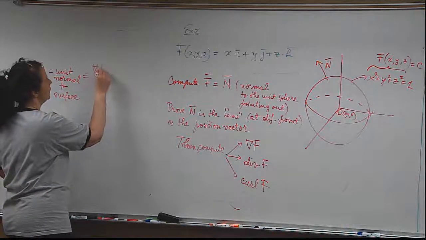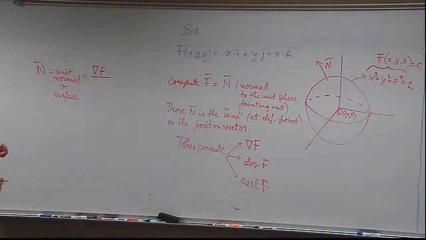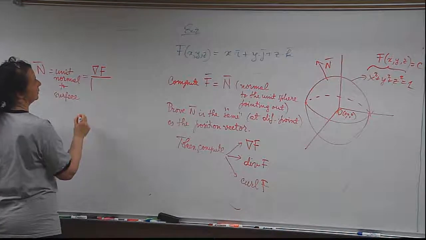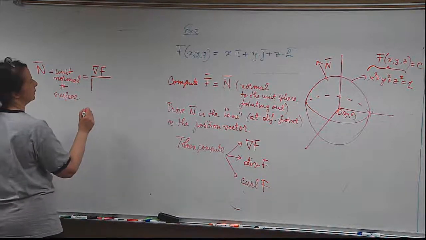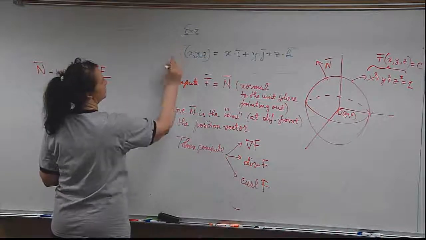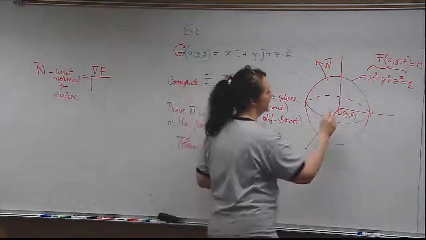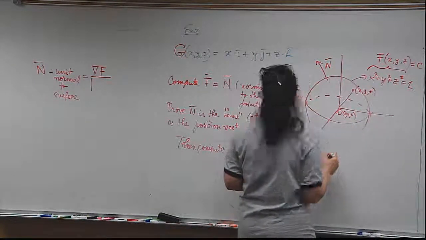The gradient of f divided by the length of the gradient. But here I have a problem, I have to put g here, because g will be my position vector. This is the point x, y, z. Would you prefer big R?